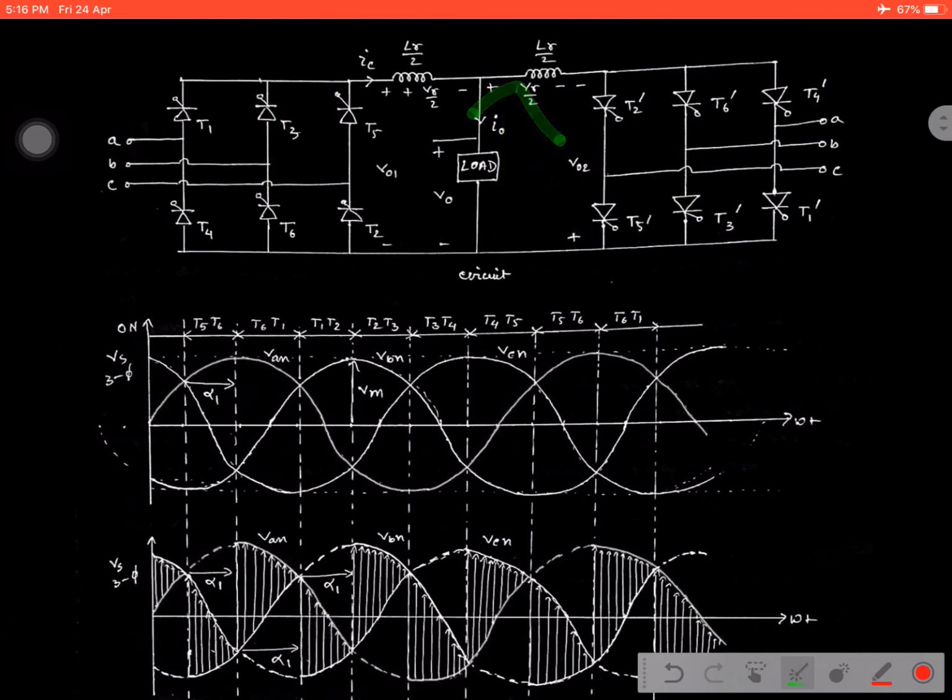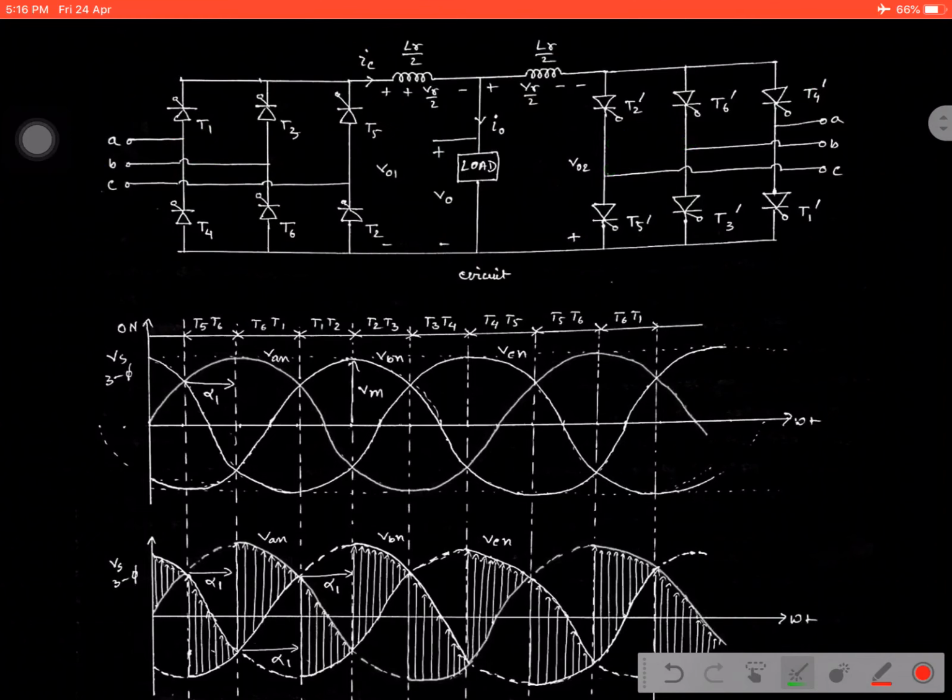That means if both converters start working at any instant, then the voltage developed across the load is 0, if we maintain the same triggering pulse for the first and second converters.